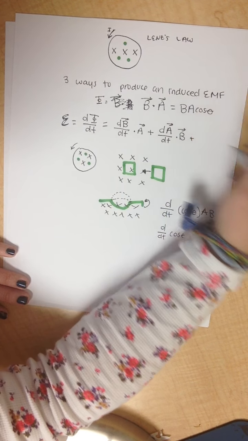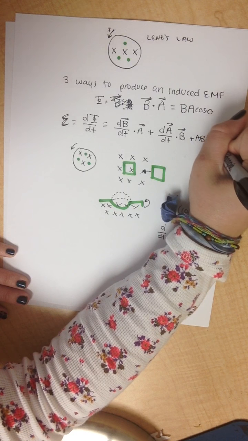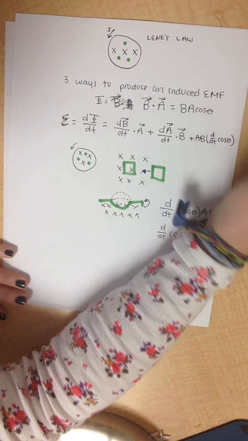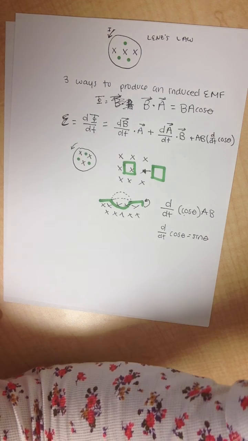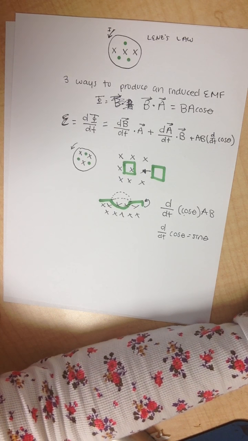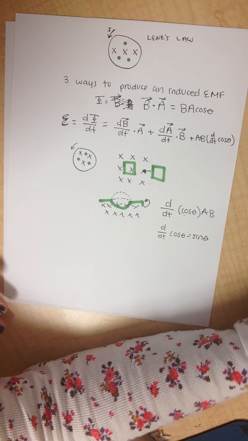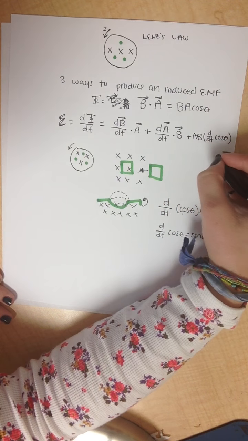So we'll plug this in as AB d/dt cosine theta. So this is the three ways, and this is why Faraday says there are three ways to change the magnetic flux and therefore get an induced EMF. So first is change in magnetic field, then change in area, and then change in theta.